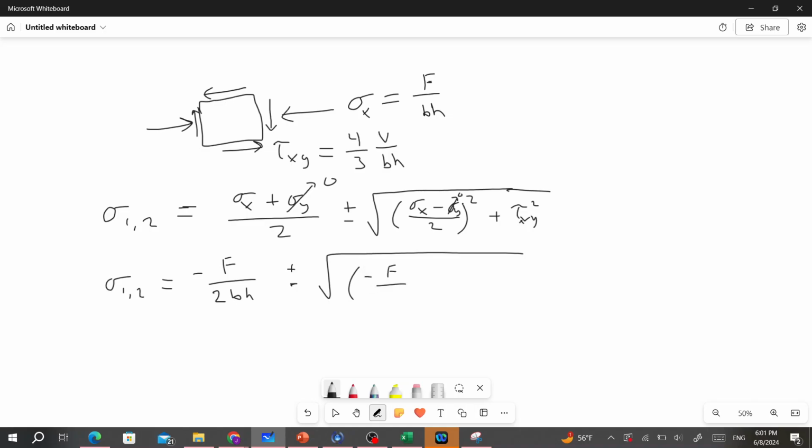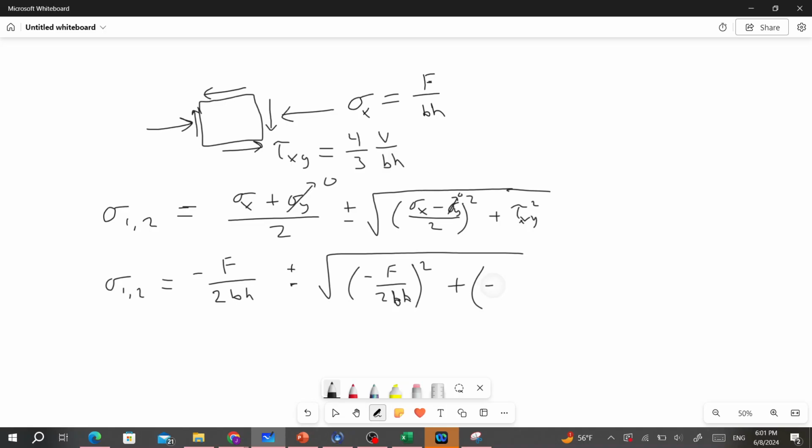Watch out for our sign, negative F over 2BH squared, plus tau xy squared. The sign won't make a difference here since we're squaring, but tau xy is acting on the positive x face in the negative y direction, so tau xy is actually negative.